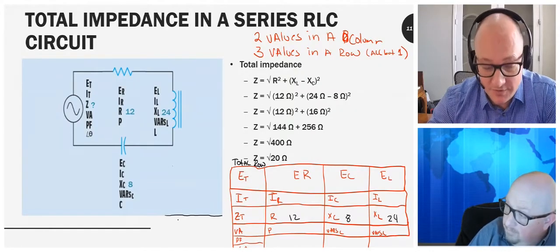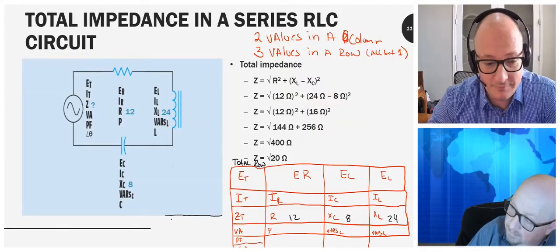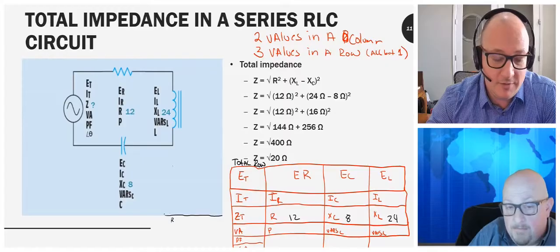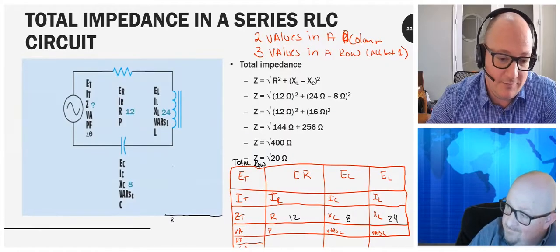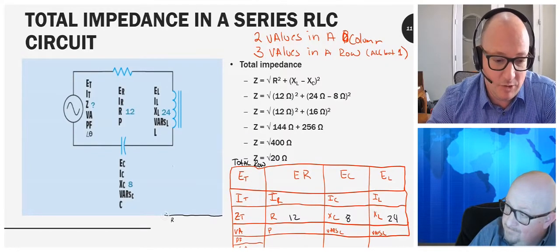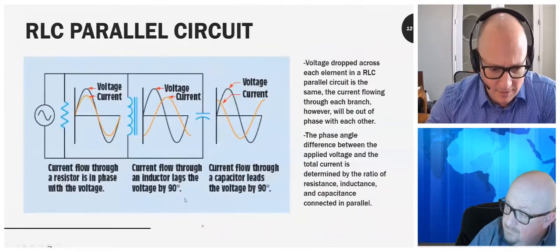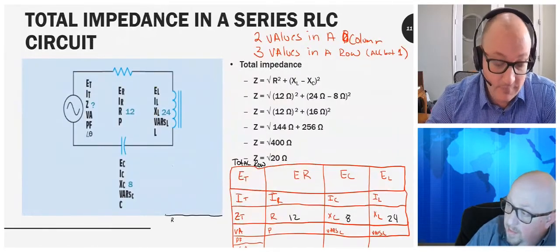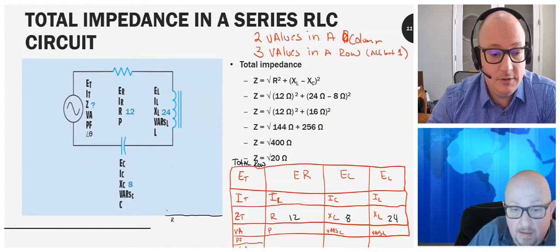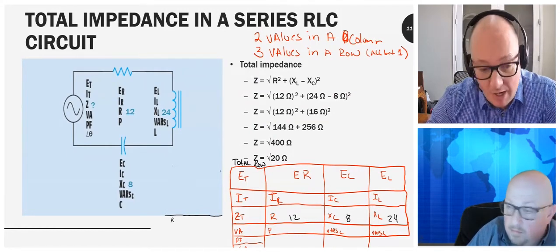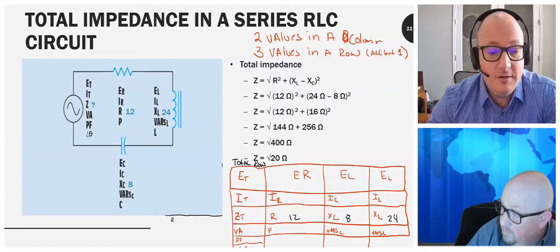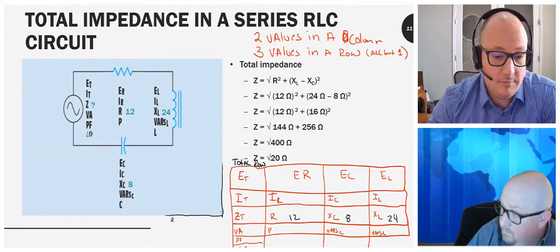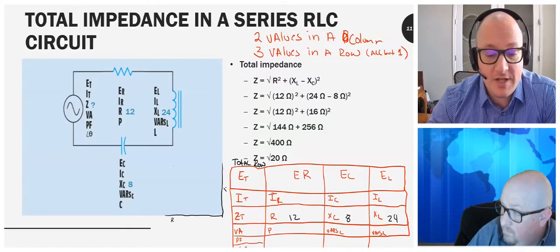That's always going to be the resistive part of the right triangle, R. And then the other leg is always going to be the reactive components, or the X. The hypotenuse will be the Z.